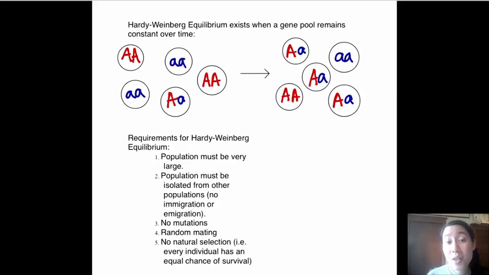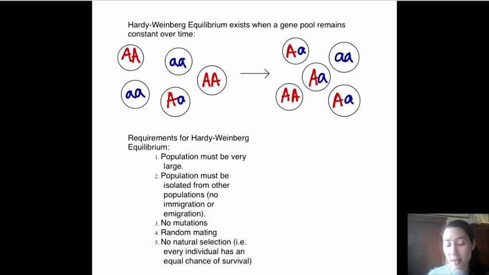However, if I actually go back and count the alleles, I can see that I have 1, 2, 3, 4, 5 dominant alleles in the original population, and 1, 2, 3, 4, 5 alleles in the existing population. And so what that means is I had 50% dominant over here and 50% dominant on this side as well. My gene pool overall has remained constant.